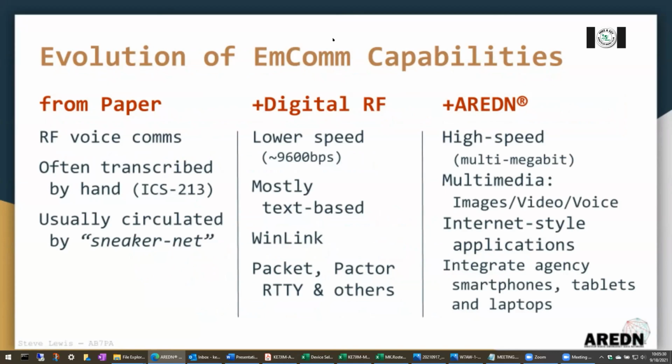Traditionally, we've used RF voice communication on a variety of radio bands. A typical message passing scenario involved giving the message to a radio operator who would write or type it onto a standard ICS 213 form. The message would then be relayed by RF voice comms to another operator who would write or type it on another ICS 213 form at the receiving end.